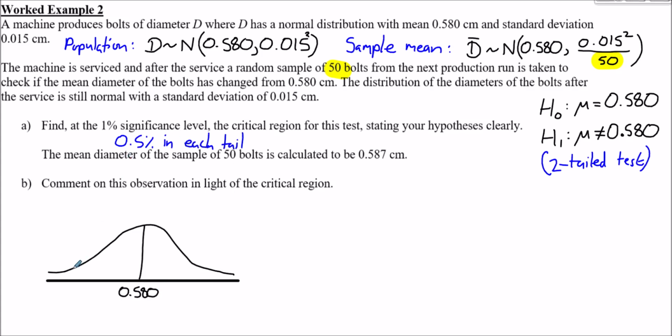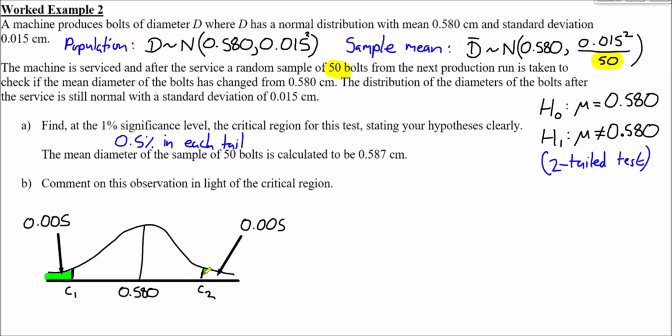So I need to find this critical point here, which I'll call C1, and this critical point here, which we'll call C2, which is going to give us 0.5% of the curve. So as a decimal, this proportion of the curve needs to be 0.005, because that's what 0.5% is as a decimal. This here, as well by symmetry, needs to be 0.005. So we need to find these critical points C1 and C2.